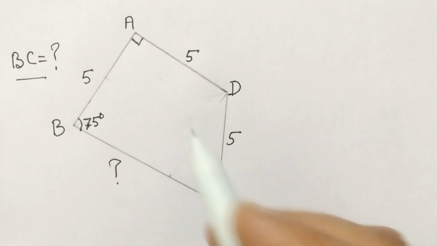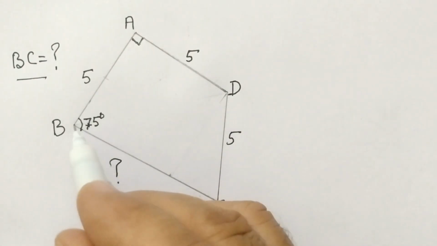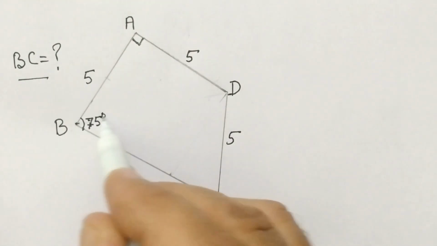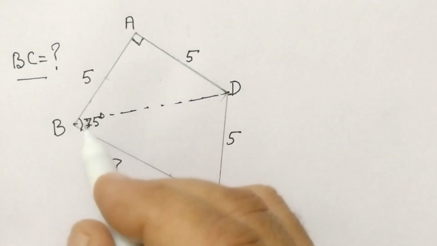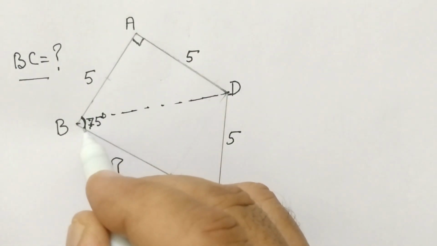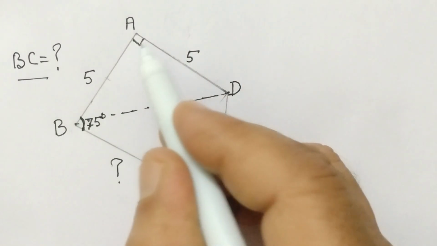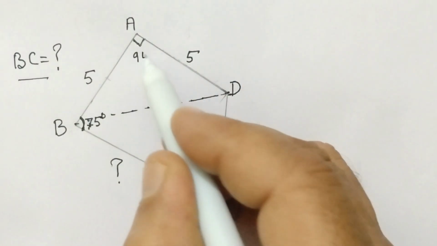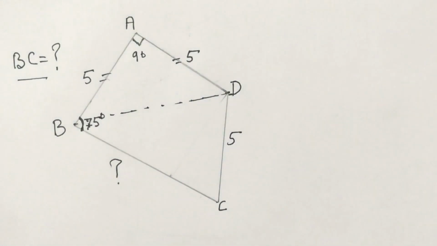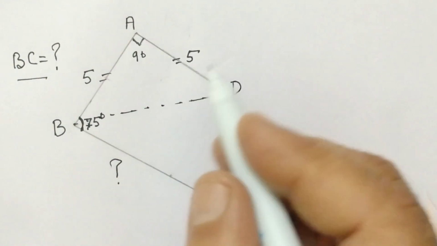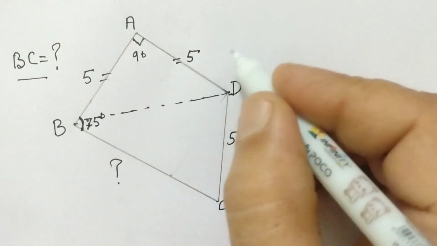So let's start. If we join points A and D, this angle is 75 degrees, this is 90 degrees, and this side and this side are the same, so this triangle will be isosceles.